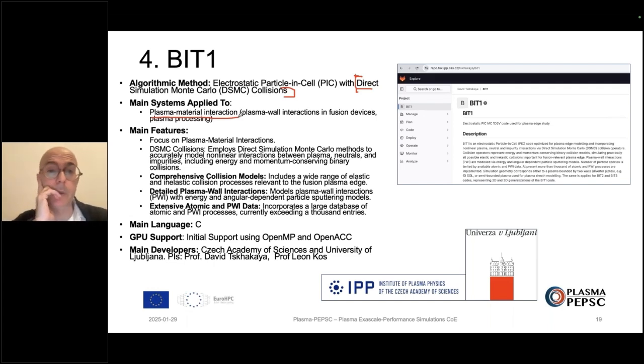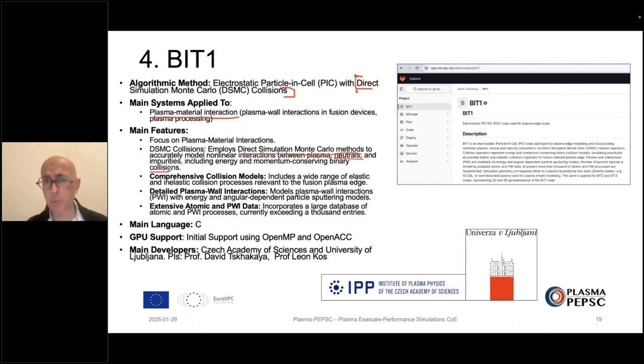It is mostly used for plasma-wall interaction, so the tokamak in fusion devices. The main feature is the direct simulation Monte Carlo methods to accurately model nonlinear interaction between plasma, neutrals and impurities, with different models for collision.